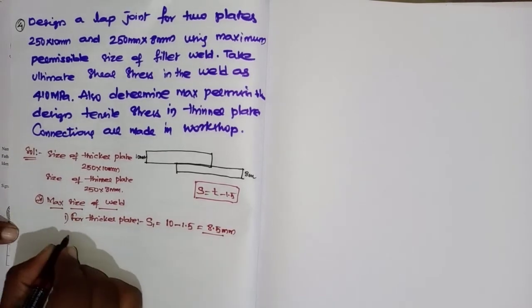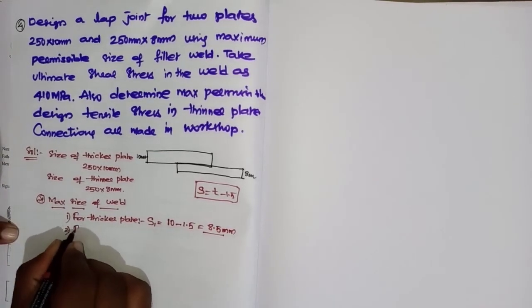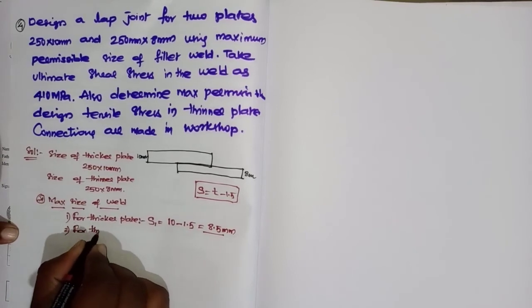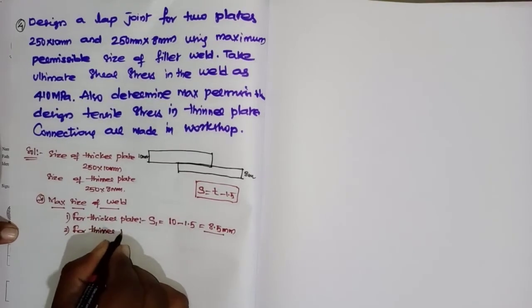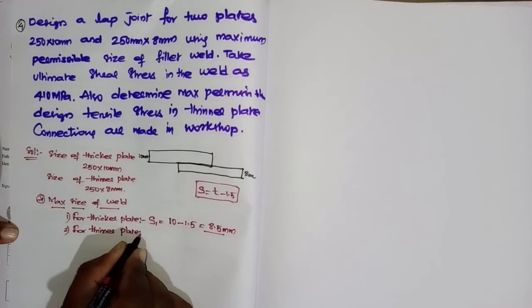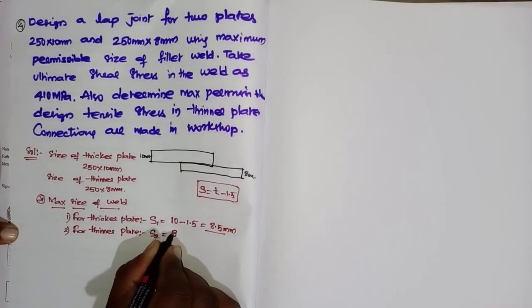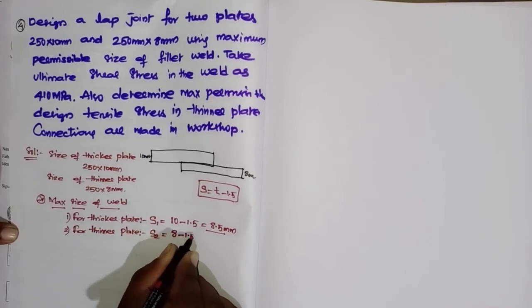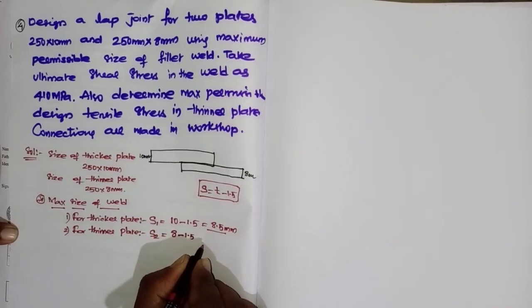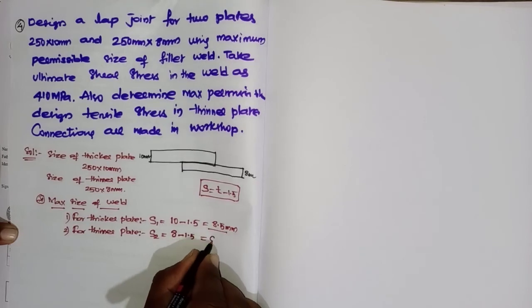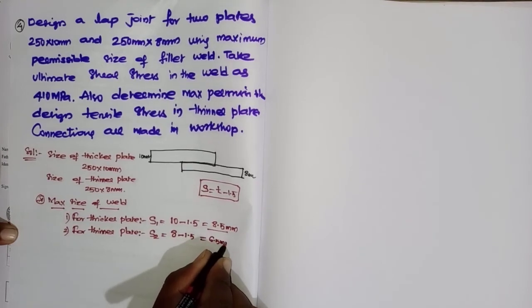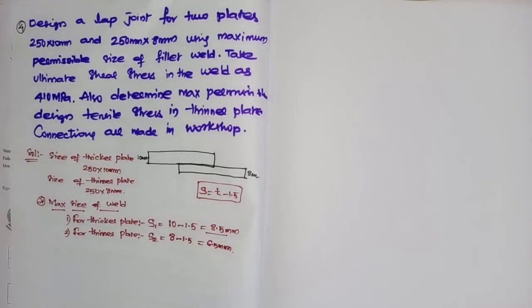Next for the thinner plate, I consider this as S2, which is 8 mm minus 1.5, means how much is it? It is 6.5 mm, right?